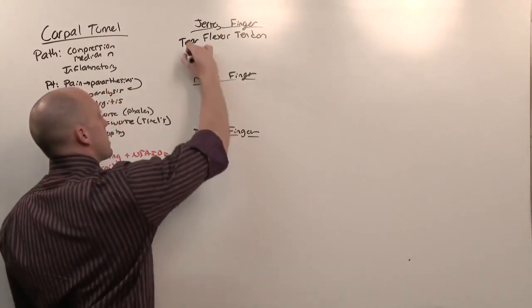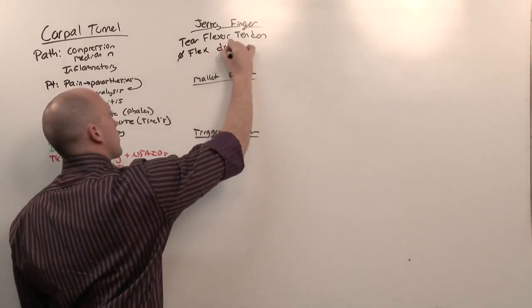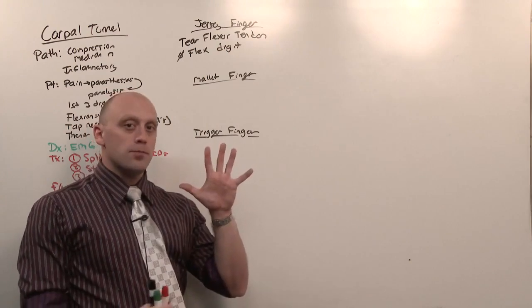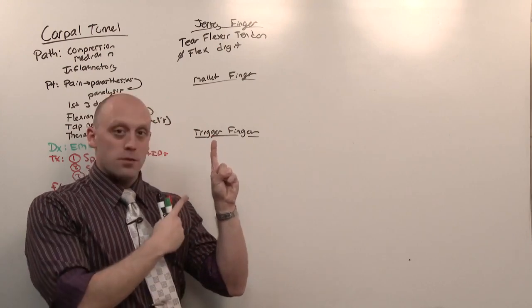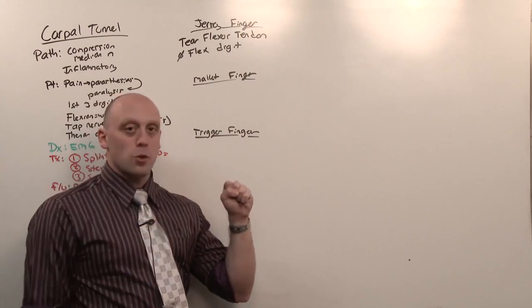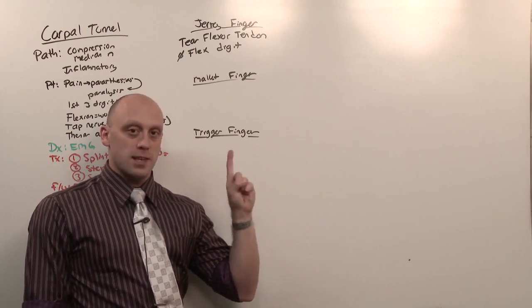They can't flex that finger. They can extend no problem, but when they make a fist, that affected finger stays up. Passively moved into position, no problem. They open their hand again and try to close it, the finger remains extended.